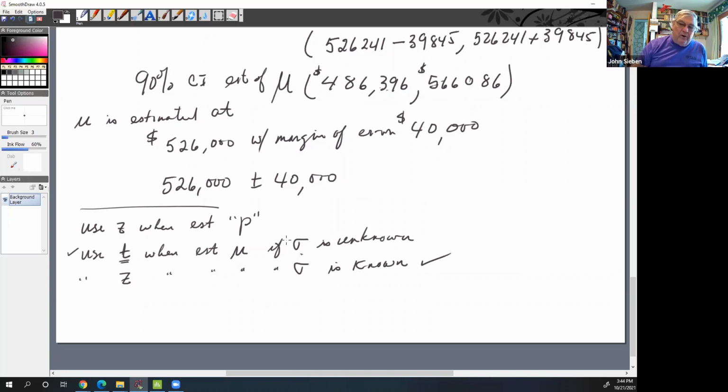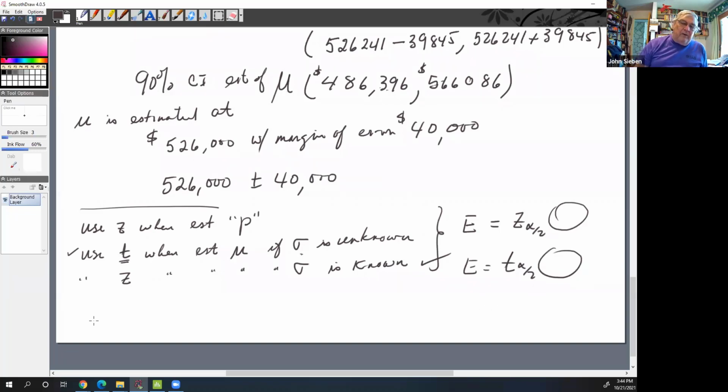Now, where does it pop up? It pops up when we're computing E. E is equal to Z alpha by 2 times something, or E is equal to T alpha by 2 times something. Now, how did it get introduced in the first place?